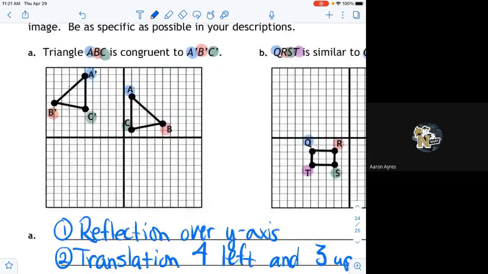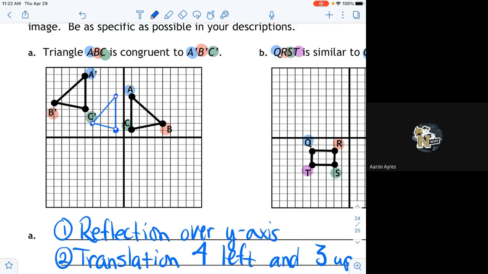So, yeah, and here's the thing also. You can also, on these graphs, plot in what the shape would look like after its first transformation to see if you're on the right path, too, okay? So, like I did right there with the triangle after I reflected it, okay? So that's a trick you can do also with these. That can help out a little bit.